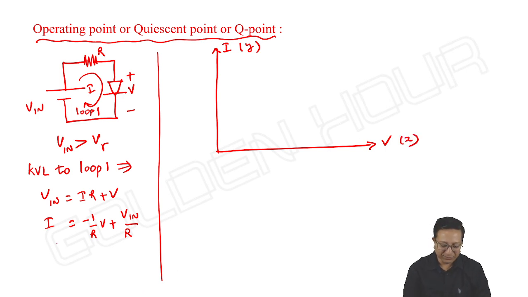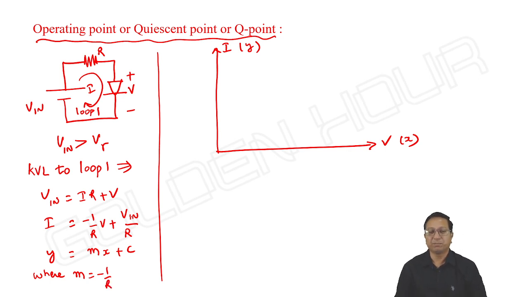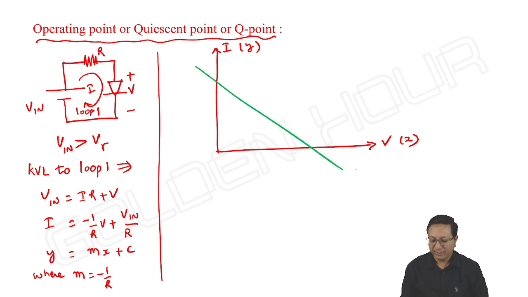In that context, if you observe this, it is looking like the straight line y is equal to mx plus c, where the slope m is equal to minus 1 by R and the constant c is equal to V input by R. So how does this line appear? It is a straight line with negative slope, something like this. Slope is equal to minus 1 by R.